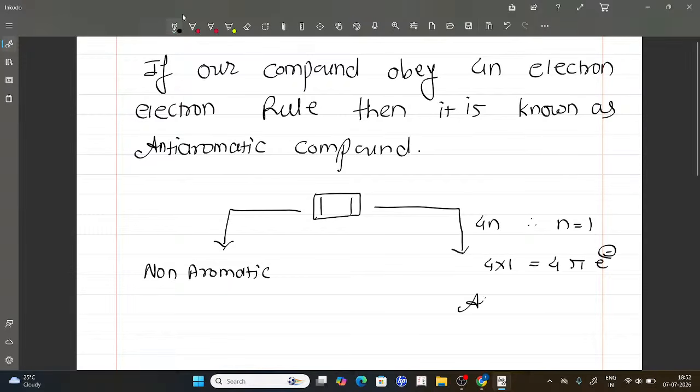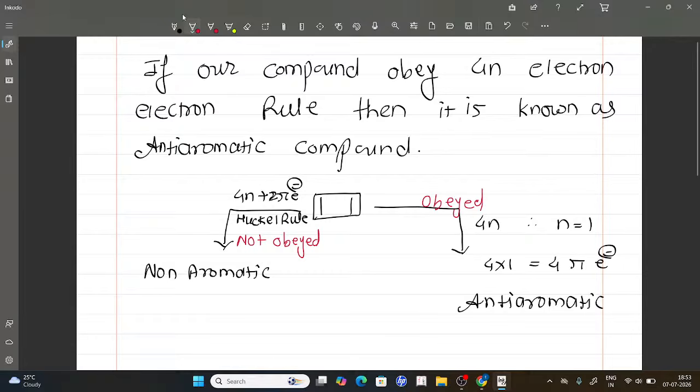Therefore, this compound is anti-aromatic because it obeys the 4n rule, but it does not obey the 4n plus 2 pi electron rule, that is Huckel's rule. Huckel's rule is not obeyed. Hence, it is non-aromatic. But this 4n rule is obeyed.